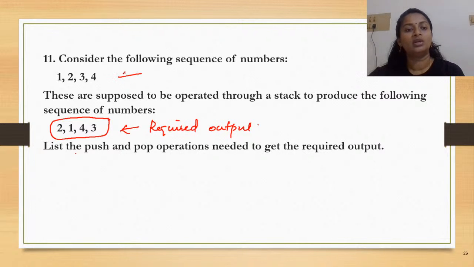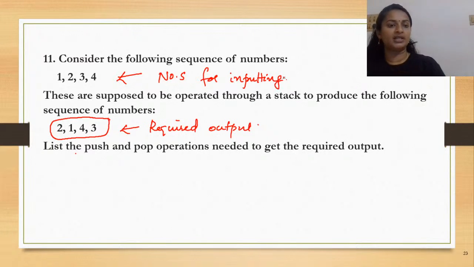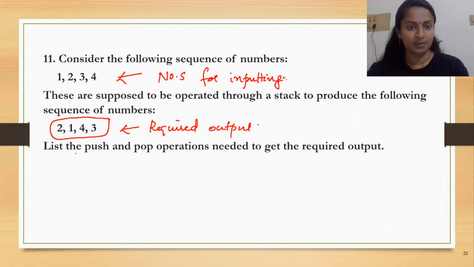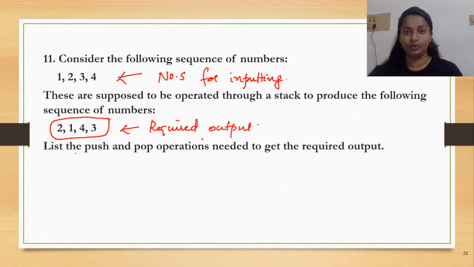And this is how the numbers would look for inputting. So these are the numbers that you need to input, and this is the order in which you are expecting the output. Now we need to give the sequence of push and pop operations so that you generate such an output.